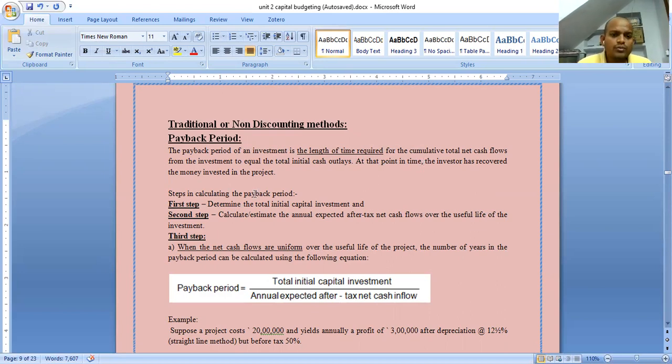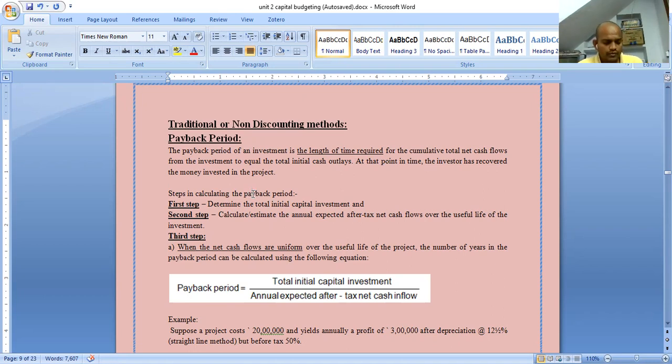So payback period is that point in time at which the investor has recovered the money invested in the project. How to calculate this payback period? The first two steps are common. The first one is to determine the total initial capital investment. The second one is to calculate or estimate annual expected after tax net cash flows.